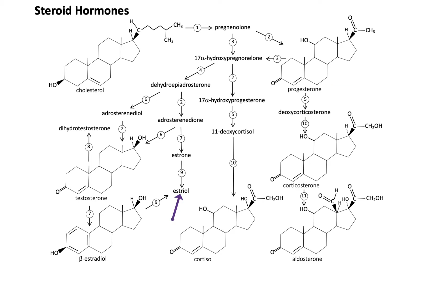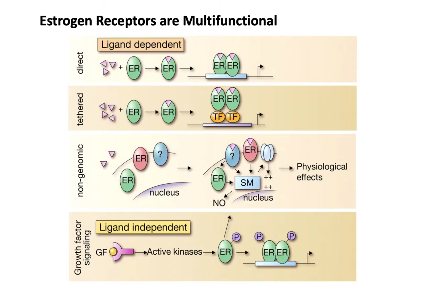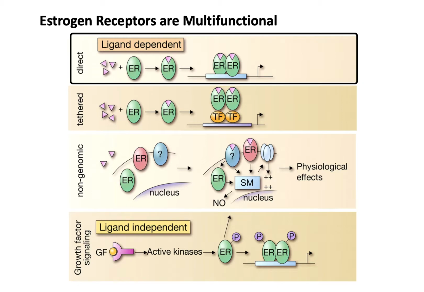estradiol or estrogen. Estrogen is a bit unique among hormones in that it can go through the cell membrane without having a receptor, and the receptors are actually internal within the nucleus, so it moves directly into the nucleus. And so up here you have a ligand-dependent transcription activator.